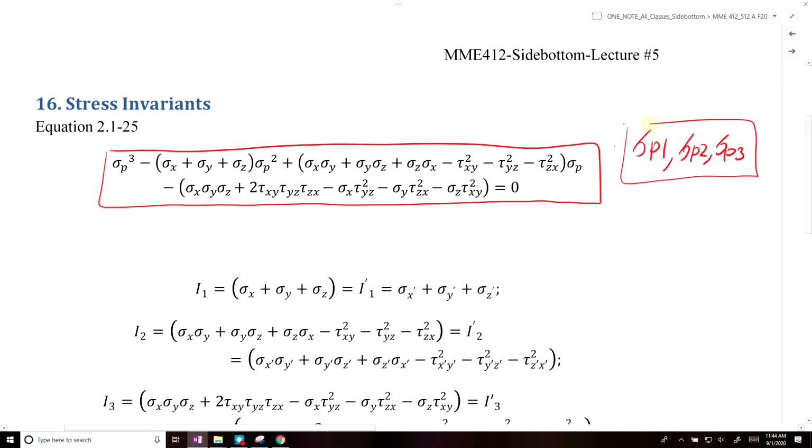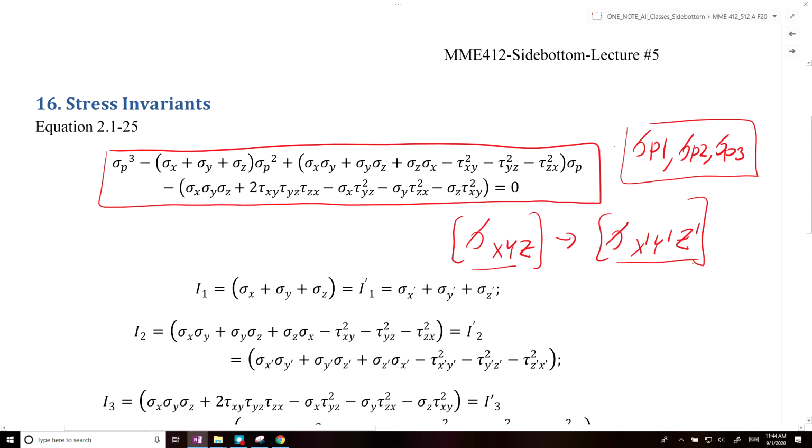If we have a stress in the x, y, and z coordinate system and we transform it to a state of stress in the x prime, y prime, and z prime coordinate system, the principal stresses in both coordinate systems are going to be the same.